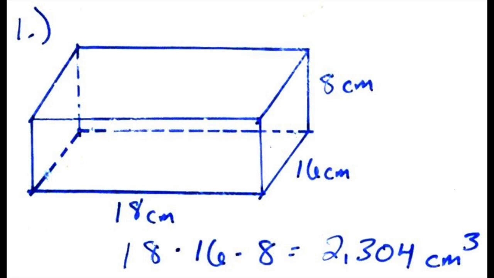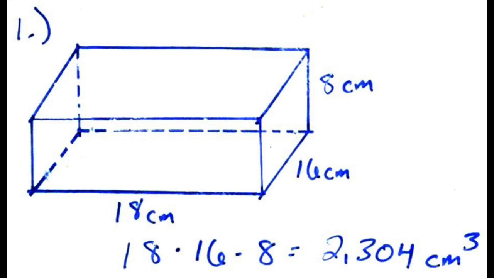We are just going to take those three measurements and multiply them together. So we've got 8 times 16 times 18, and that gives us 2,304 centimeters cubed. And just remember that it's centimeters cubed because we are doing volume now.